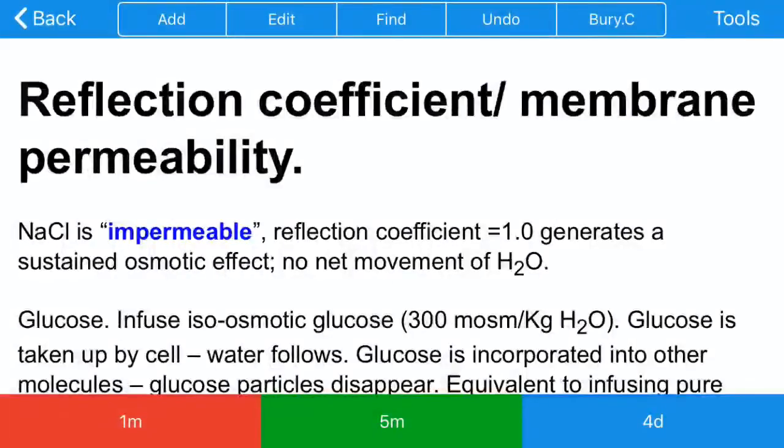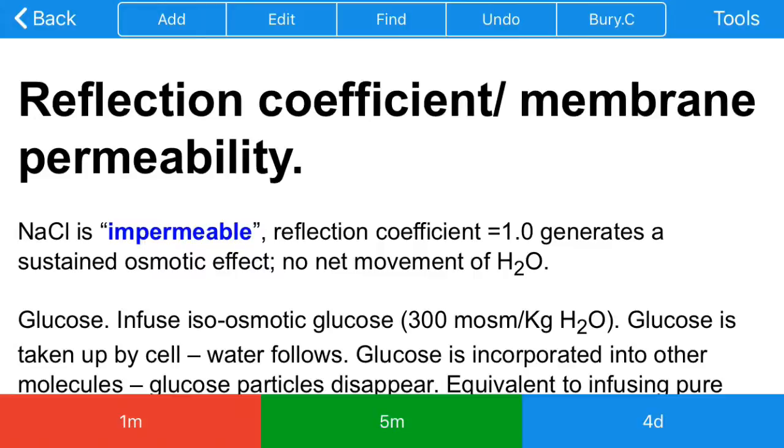So if you add sodium chloride, it generates a sustained osmotic effect. No net movement of H2O. Over time, it doesn't change. You put it in, it doesn't go into the cells, and it would just stay the same, right? So no dynamic there, just a static osmotic effect.